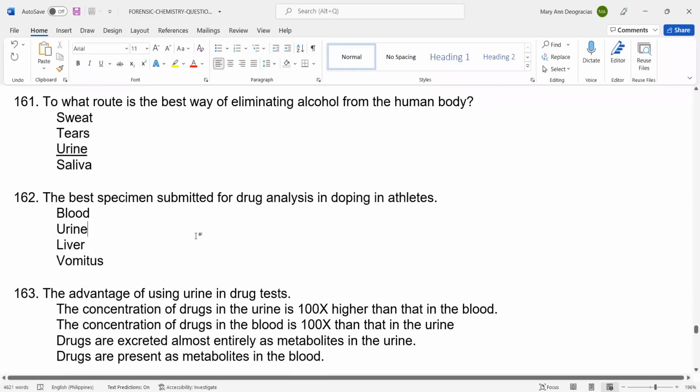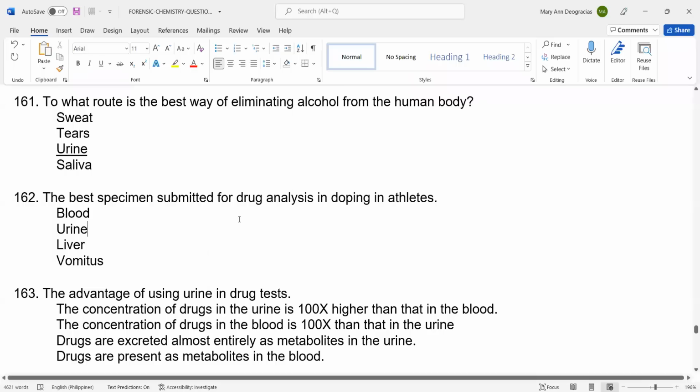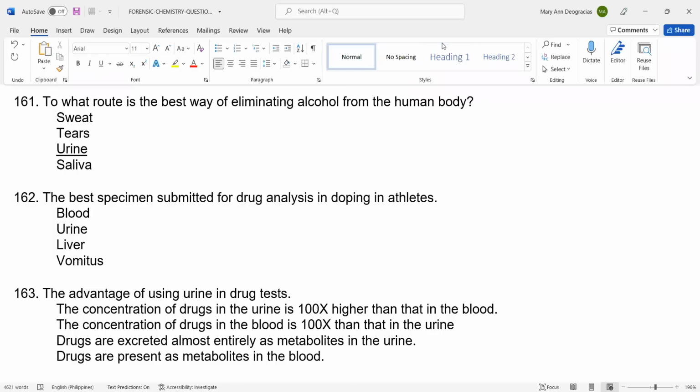Alright, the best specimen submitted for drug analysis and doping in athletes. Ang athlete ba, ano yung sinasubmit nilang specimen? Is it blood? Is it urine? Is it liver? Or vomitus? Vomitus is suka. Which is the best answer? Urine. Okay, urine na ginagamit. Hindi na sila pwede magbawas ng blood kasi sasabak sila sa competition eh.